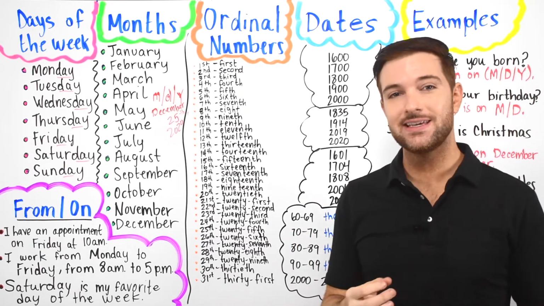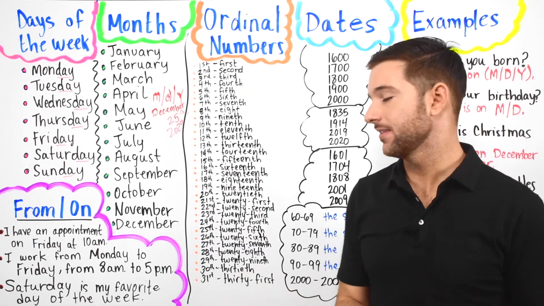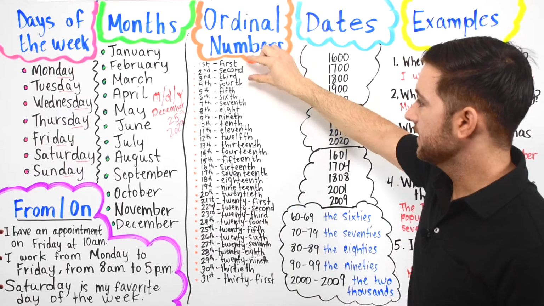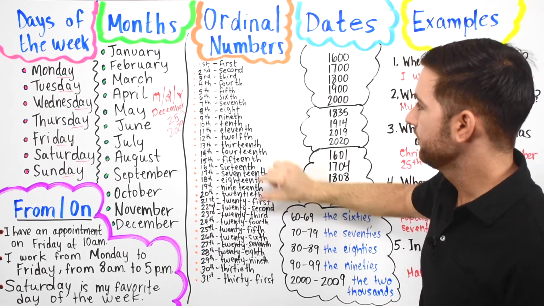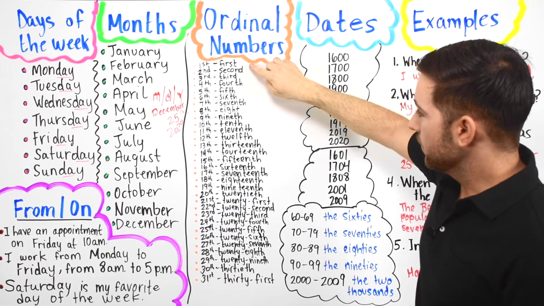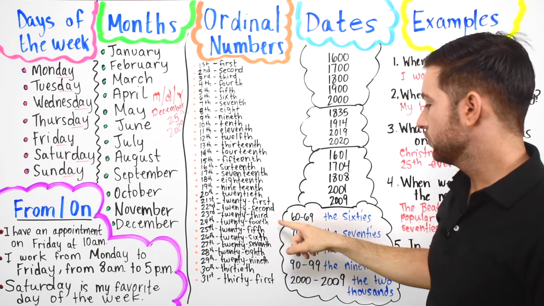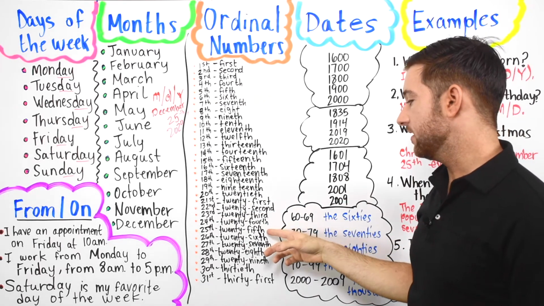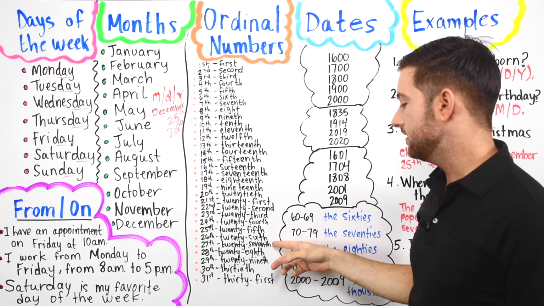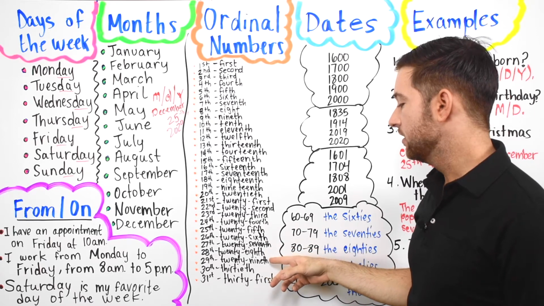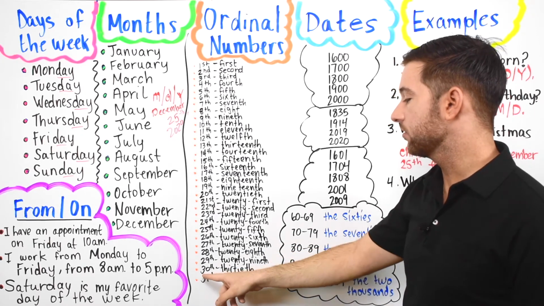Okay, 20th. You hear that? Ieth. 21st. So you're going to take these ones up here and you bring them down, okay? 21st, 22nd, 23rd, 24th, 25th, 26th, 27th, 28th, 29th, and then we have 30th.